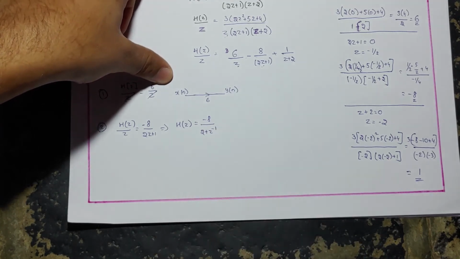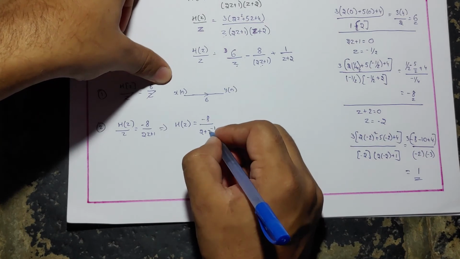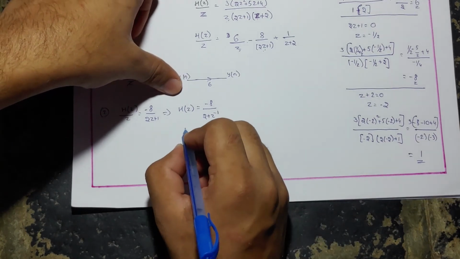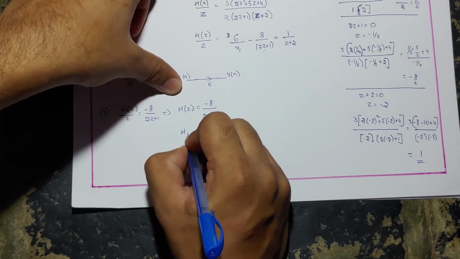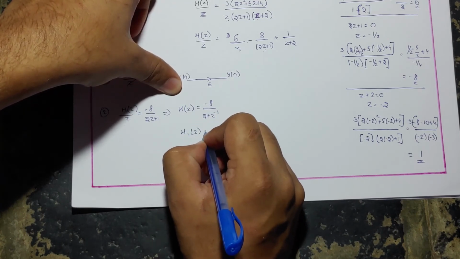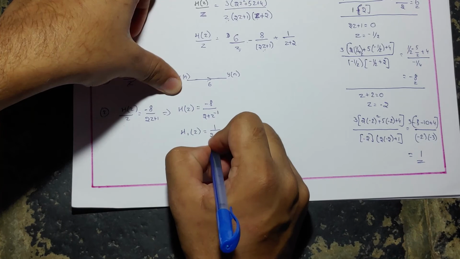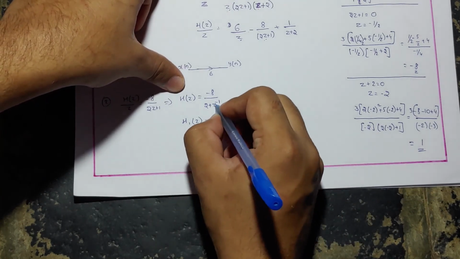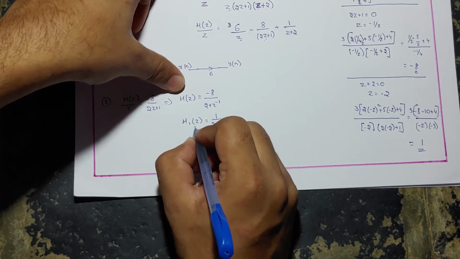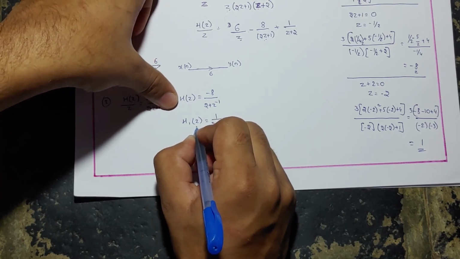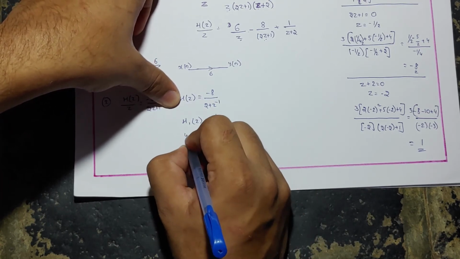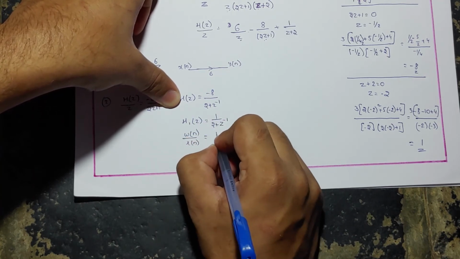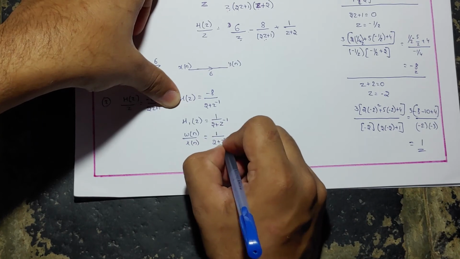Now this is in numerator and denominator form, so we have to take poles and zeros, which is H1(z) equal to 1/(2+z^-1), which is the denominator. As it is H1(z), output will be W(z) and input will be X(z), which is equal to 1/(2+z^-1).